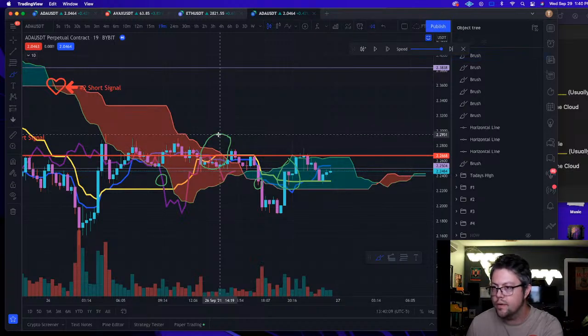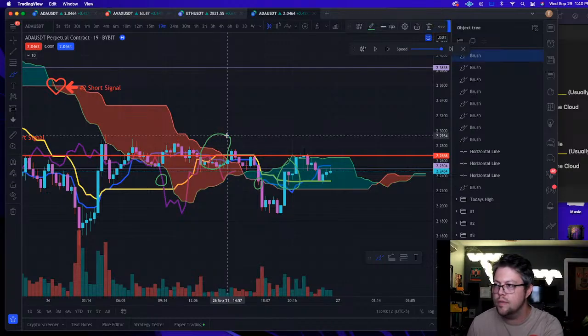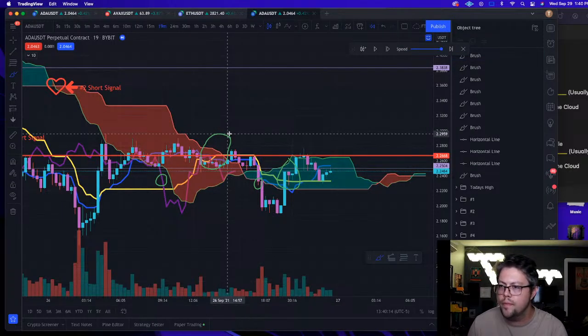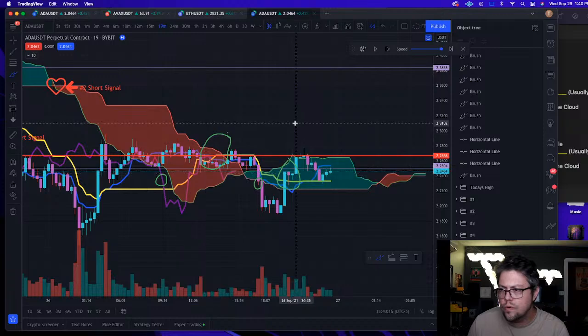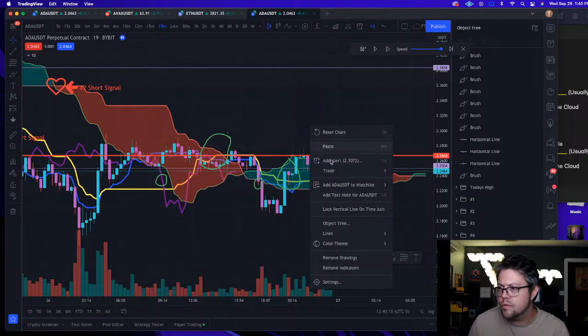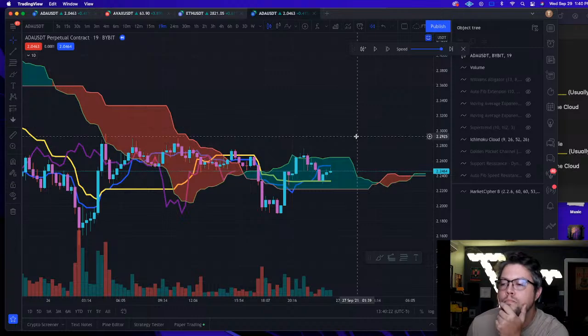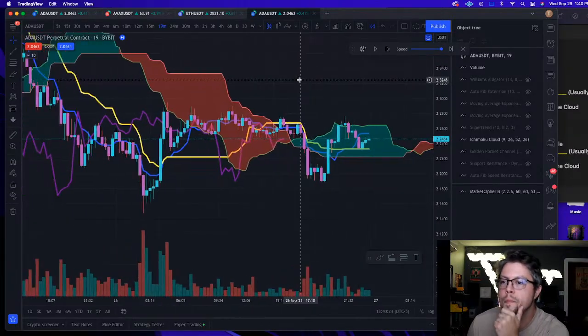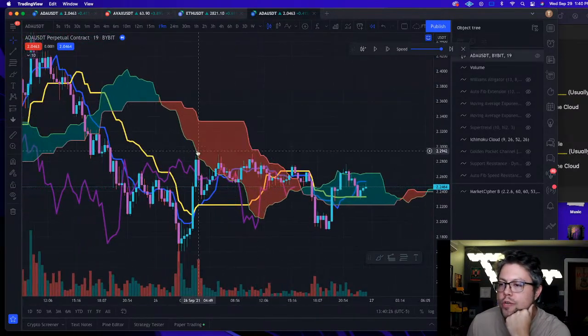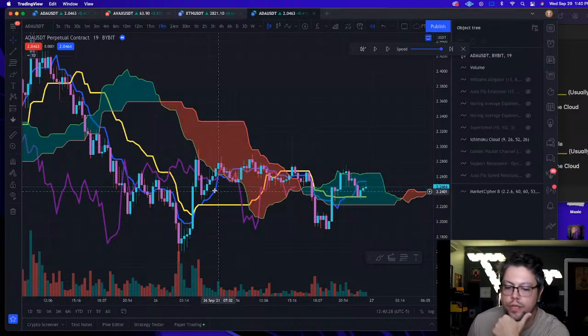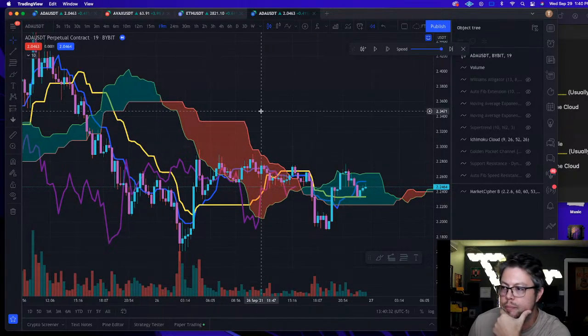Okay, so let me just get rid of all of this real quick. For us to break the trend, oh, I see what happened. For us to break the trend, the purple line needs to go up and out of this. That never happened. Sorry about that.